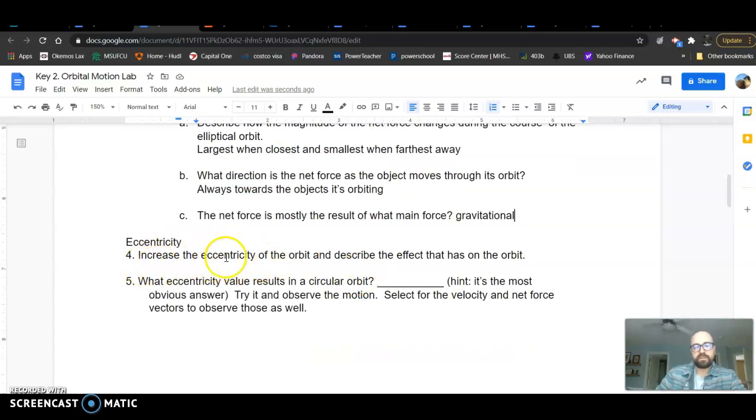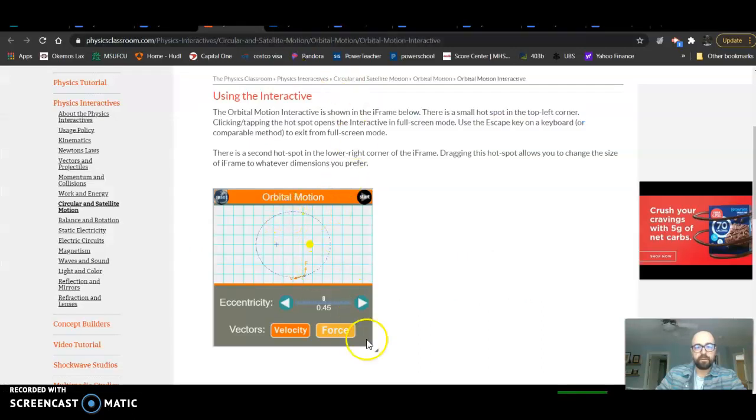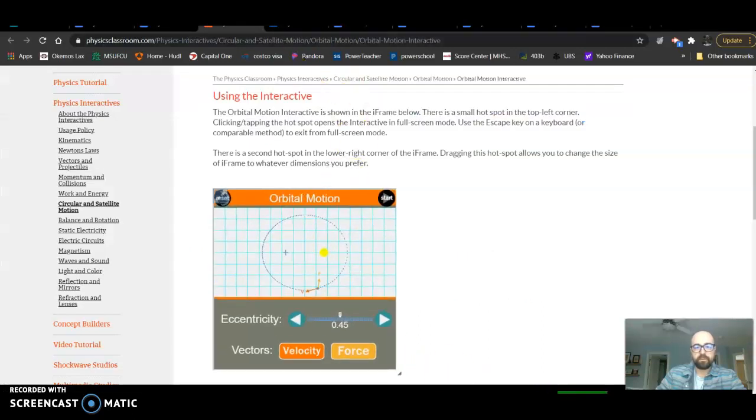Now here, if you increase the eccentricity of the orbit, describe that effect. So we can do that. Maybe let's make this a little bit bigger.